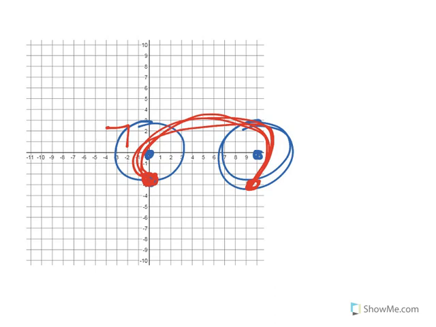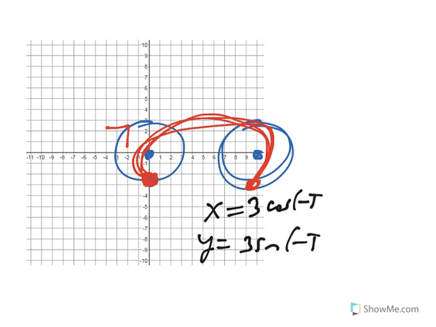But I want to show you how to find the equation of that curve. Imagine the circle wasn't moving. Well, in that case, it would be x equals, y equals, this one has radius 3. So it would be 3 cosine negative t, 3 sine negative t, plus 270, since this one's going clockwise. The 270 is what makes it start down here. Well, that would just go right around this circle. But I want the circle to move to the right.